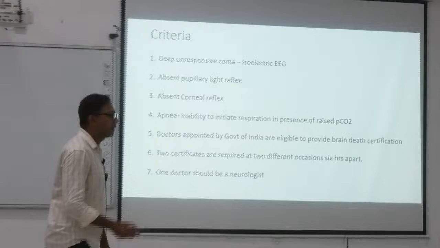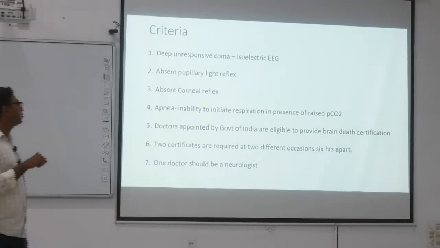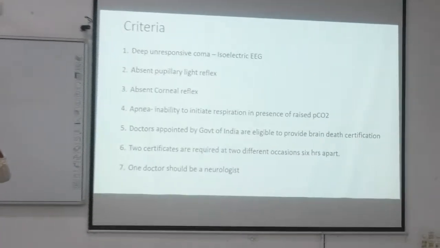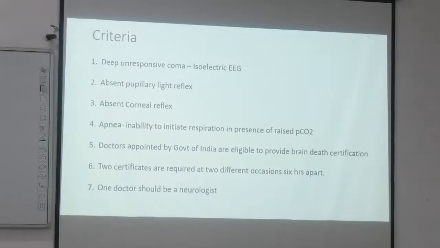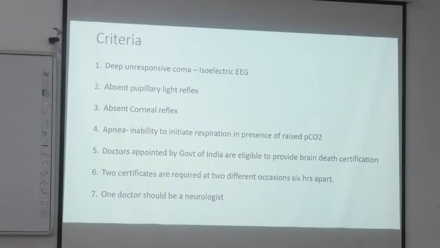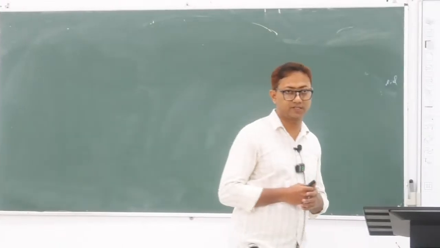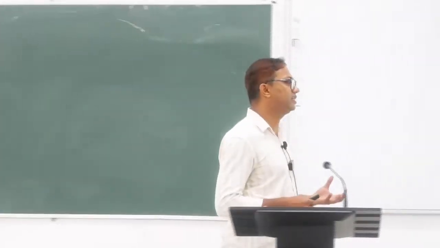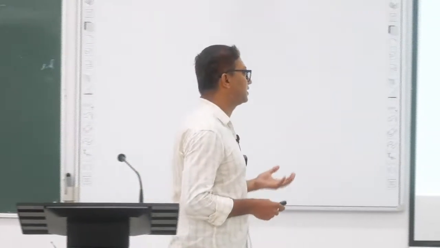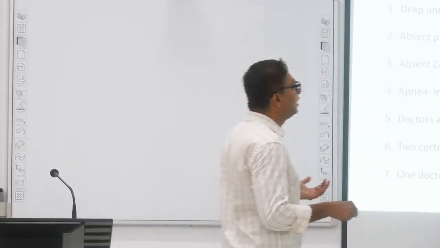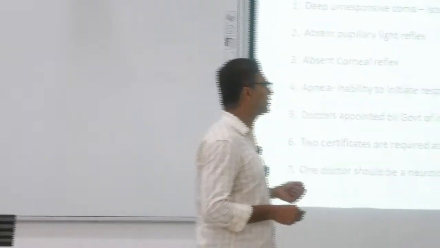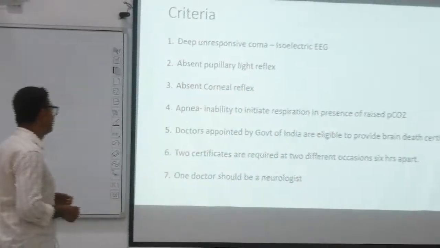Apnea means inability to initiate respiration in the presence of a high partial pressure of carbon dioxide. Even if there is a high arterial partial pressure of carbon dioxide, respiration is not initiated, right?